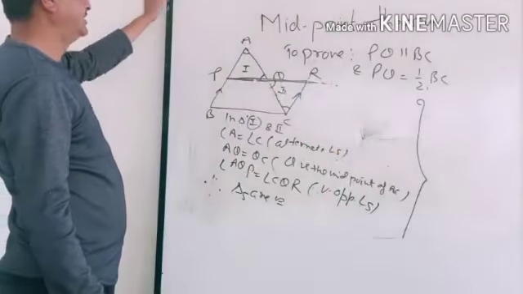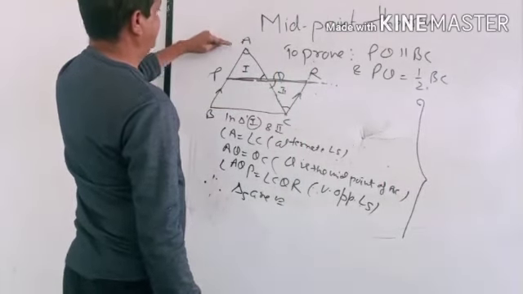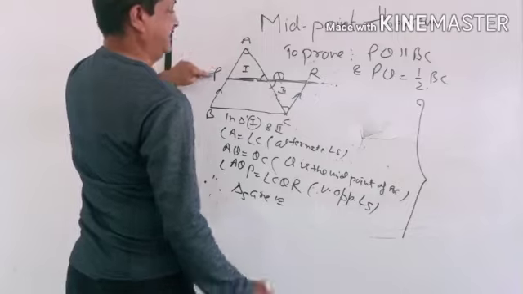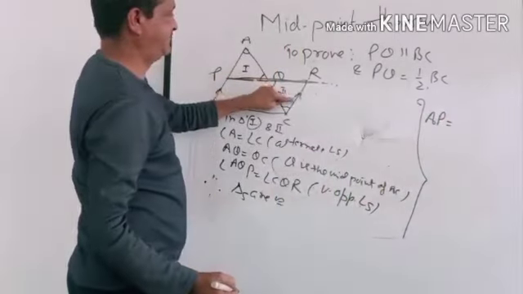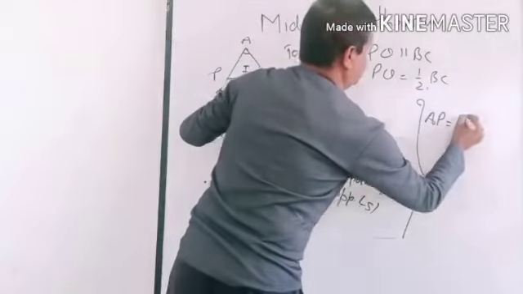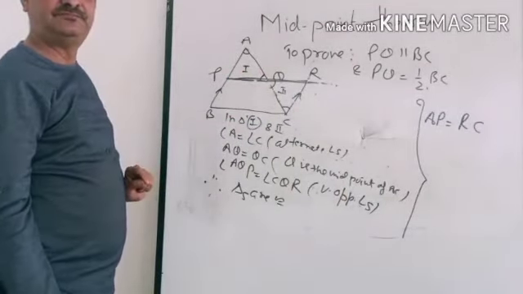Clear? So if the triangles are congruent, we will get a particular result. And what is that result? Just in front of this, side AP is equal to, just in front of it, RC. These two are the corresponding parts and they will be equal.